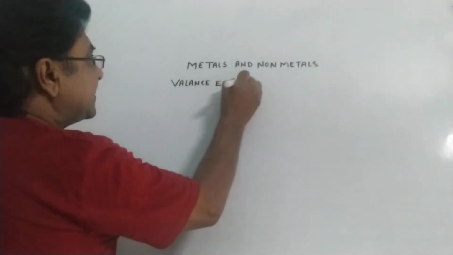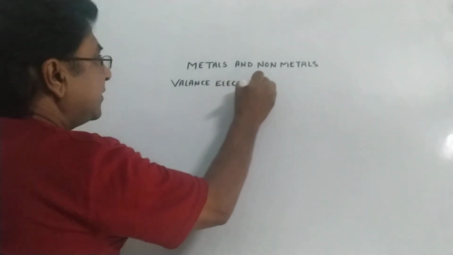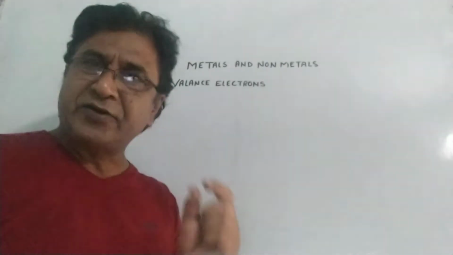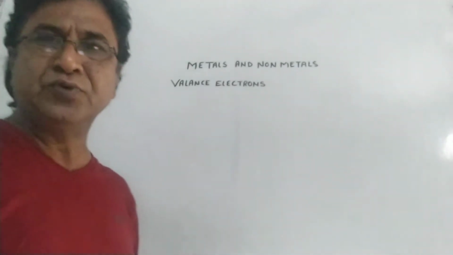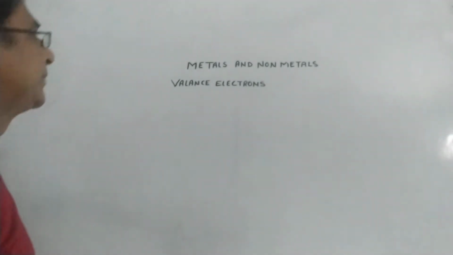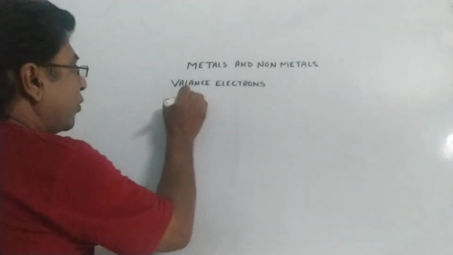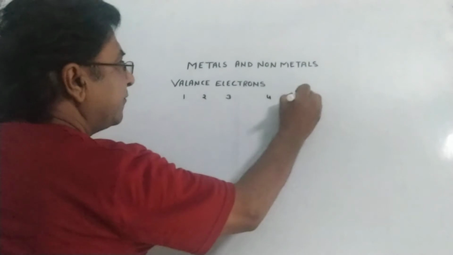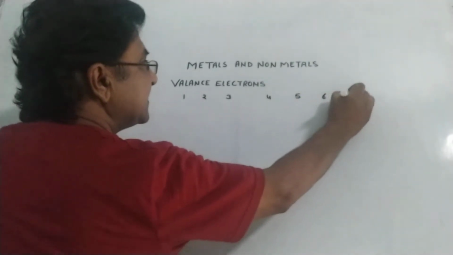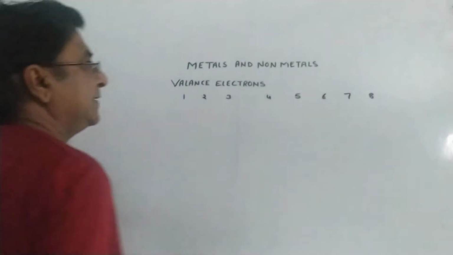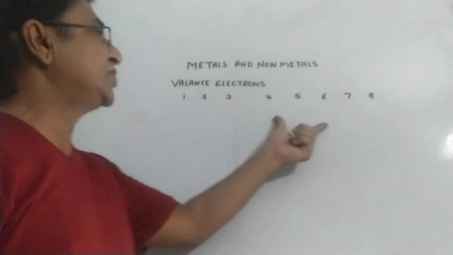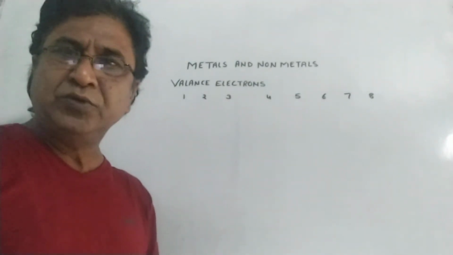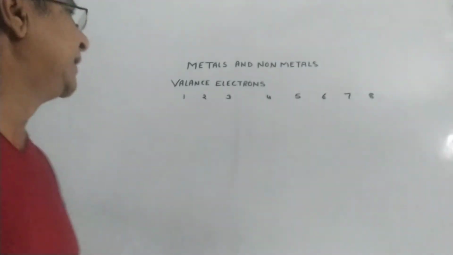The electrons which are present in the outermost shell of the atom. So it can be 1, 2, 3, 4, 5, 6, 7 and 8. So these are the numbers of electrons which can be present in the outermost shell of the atom.